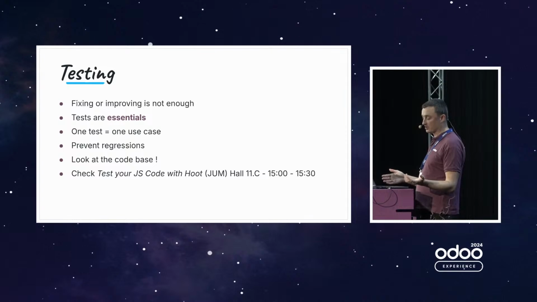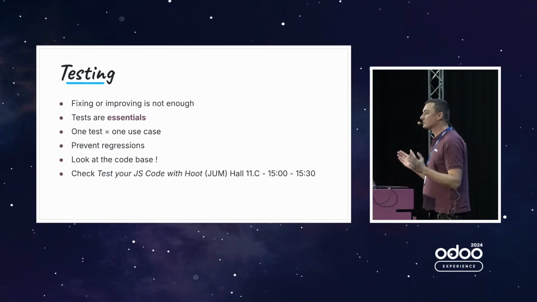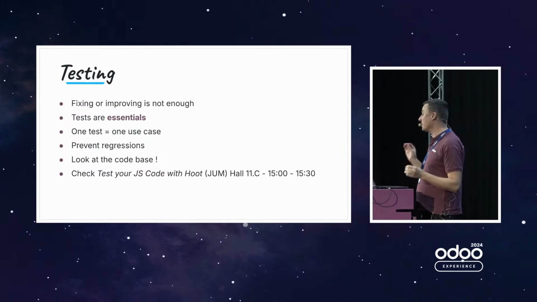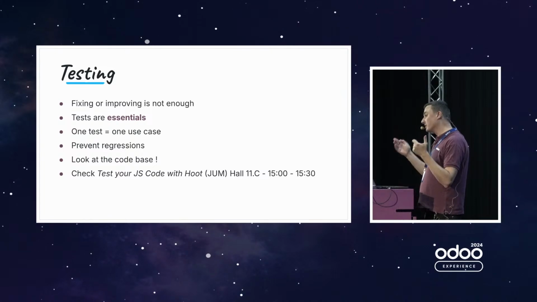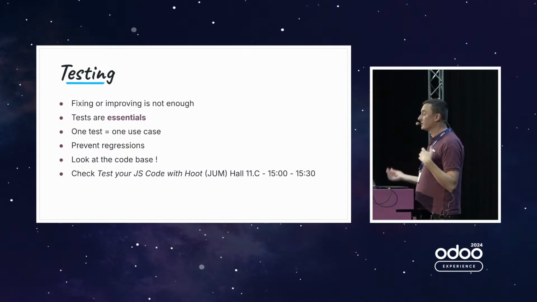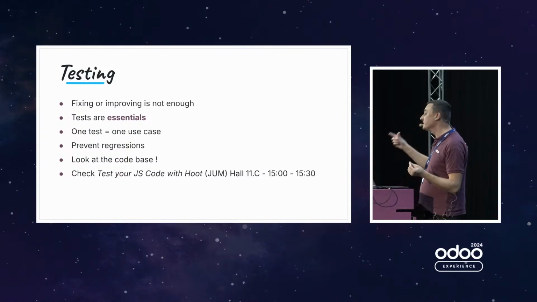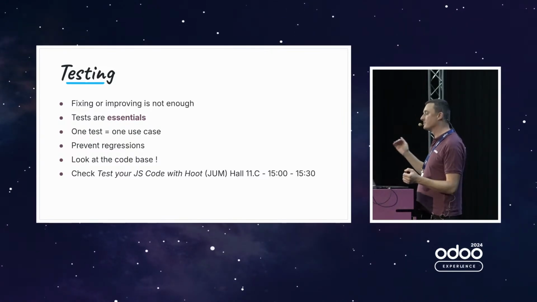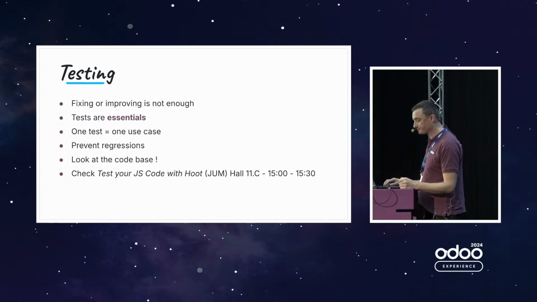So tests are essential. The best for your pull request is to have the smallest test possible. So just one case per test to make sure that you can easily understand it, and the reviewer too. That way, it's better to have 3 separate tests with 3 simple cases than a big one of 500 lines.